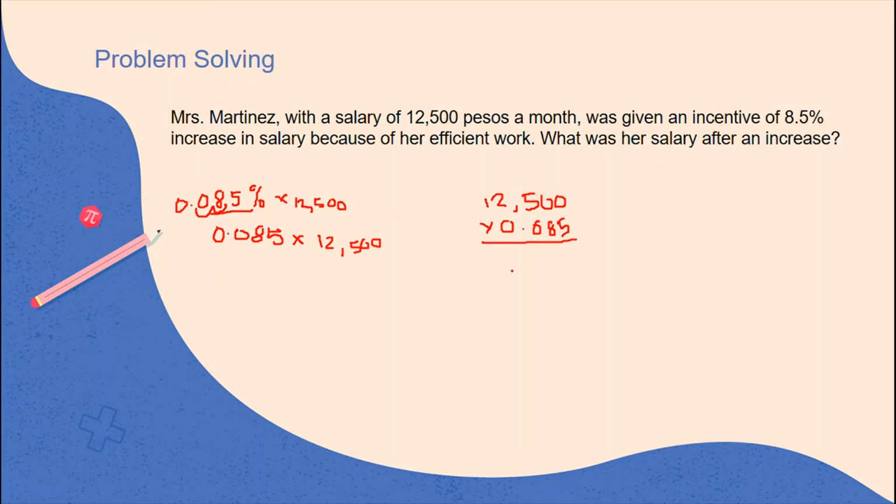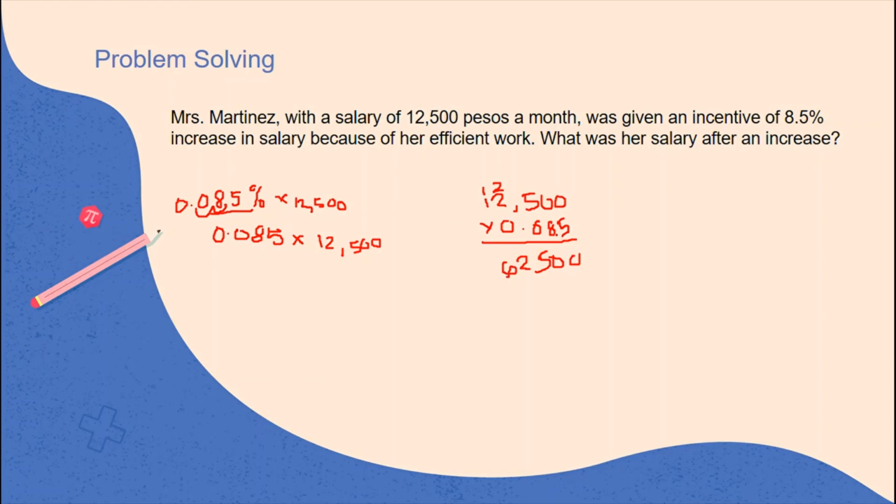Now let us multiply. 5 times 0 is 0, 5 times 0 is 0, 5 times 5 is 25, so we write 5, carry 2. 5 times 2 is 10, 10 plus 2 is 12, so 2, carry 1. 5 times 1 is 5, plus 1 is 6.